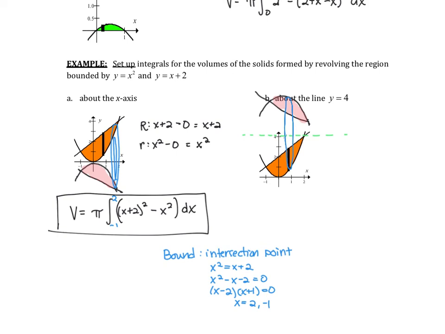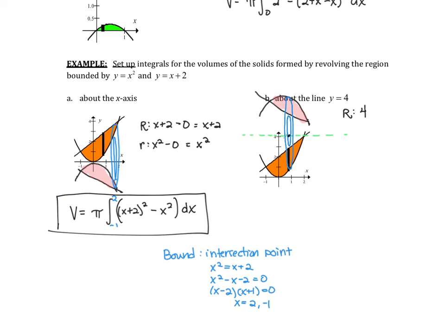When we think about the washers here, we can think about the big outside function and the inside function very similarly to how we did the last one. So let's start with capital R, the outside radius. We need to subtract bottom from top, and the top of this radius actually is the line of rotation.